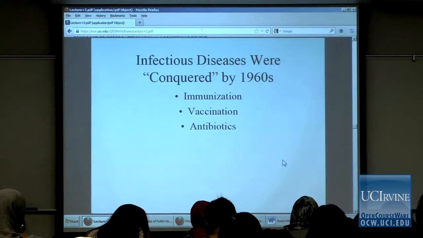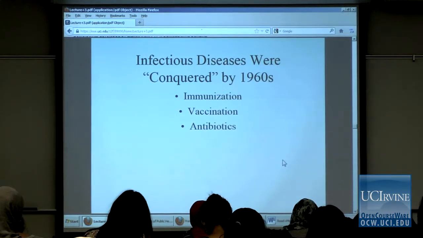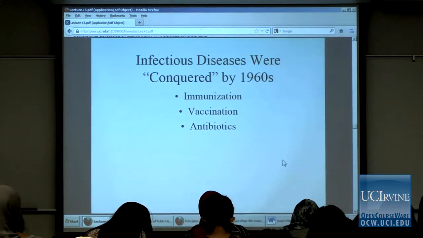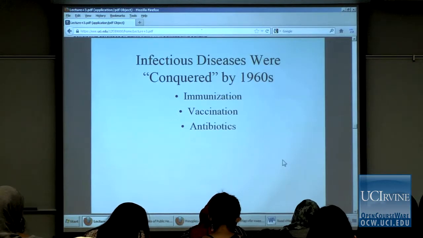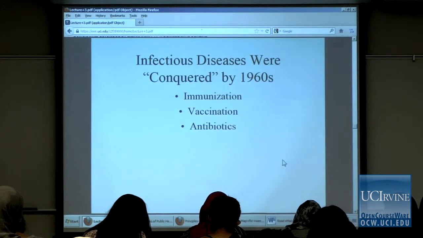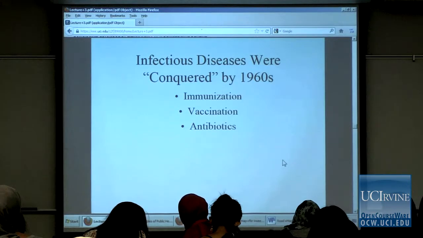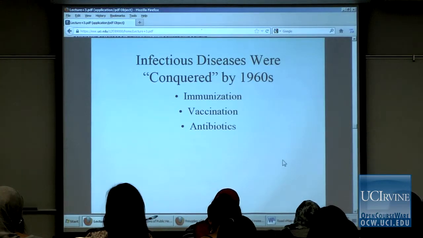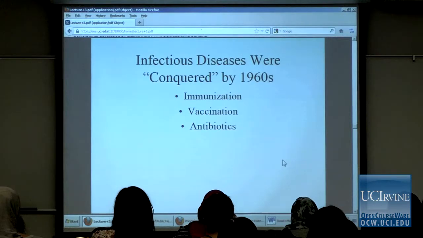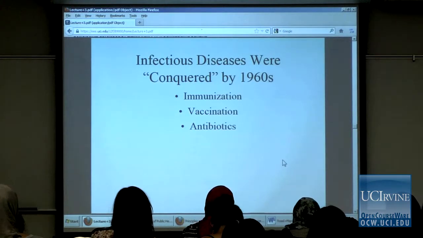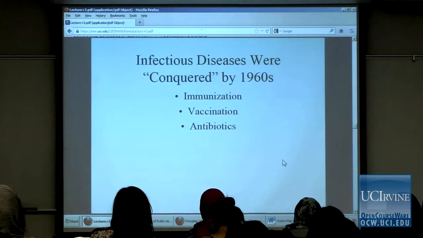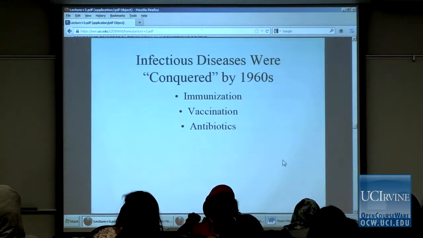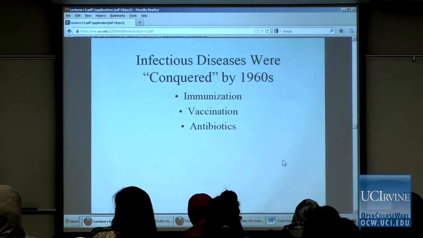We have the active form and the passive form. With the active form, you are receiving a weakened pathogen, and the body develops the antibodies. With the passive form, you are already receiving antibodies during the immunization process. So there are different forms, developed based on different diseases.